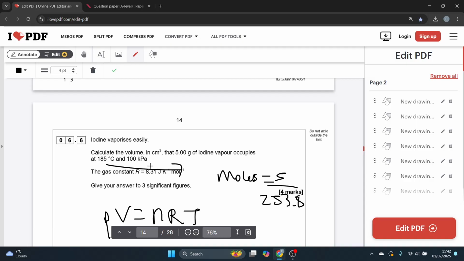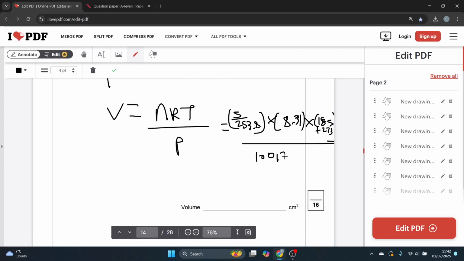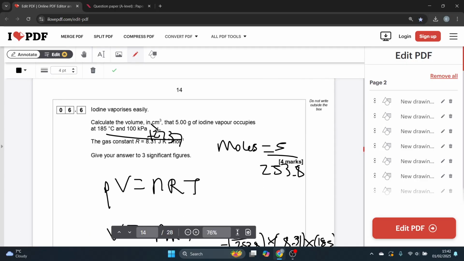I need to add 273, so 185 plus 273, divided by the pressure in Pascals, so 100,000 pascals, so I need to times this kilopascal by 1000.